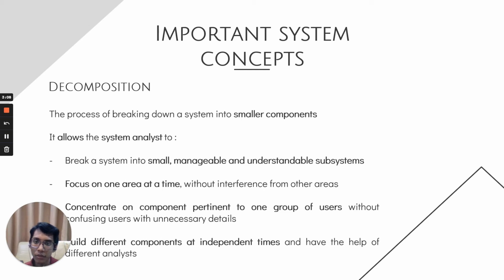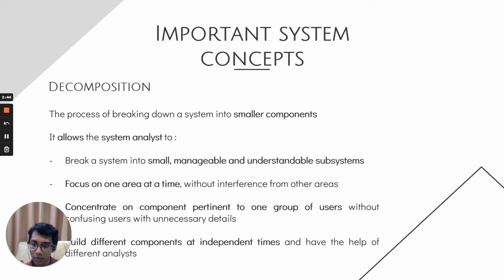Okay, we are going to talk about important system concepts. The first thing we need to know is decomposition. Decomposition is a process of breaking down a system into smaller components. It allows the system analyst to break a system into small, manageable and understandable subsystems.